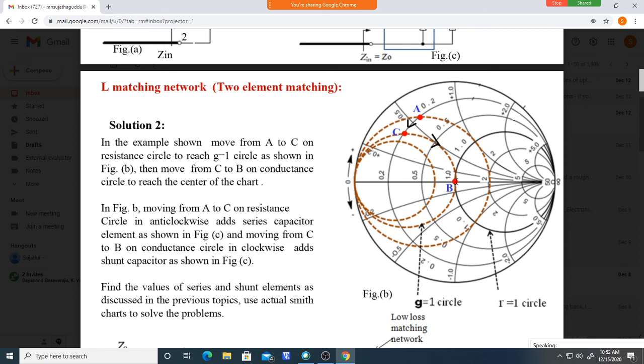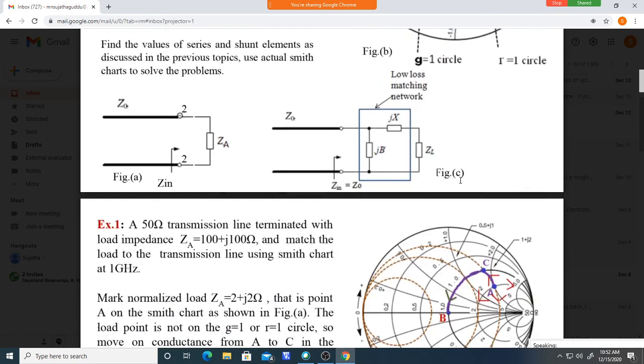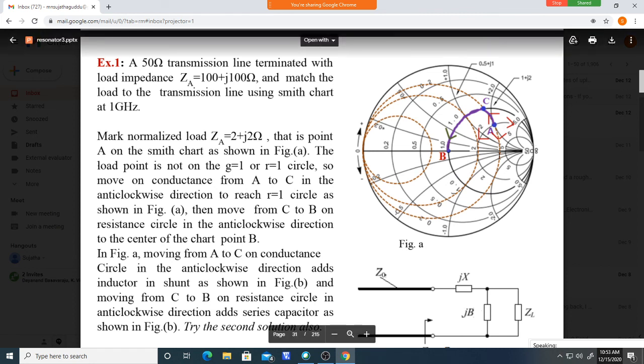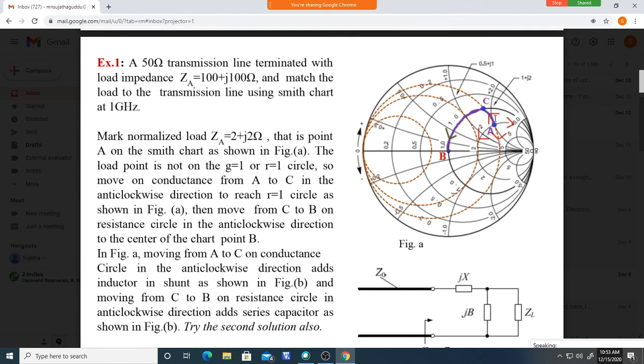That is another solution. But in this problem, what happens? On the resistance circle we do not get a solution at all. Only moving on the conductance circle in the clockwise or anti-clockwise direction gives the solution. If you move on the resistance circle there is no solution.